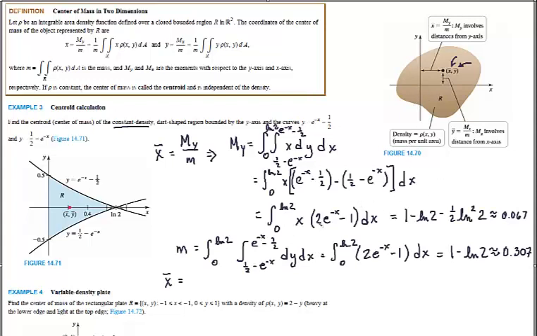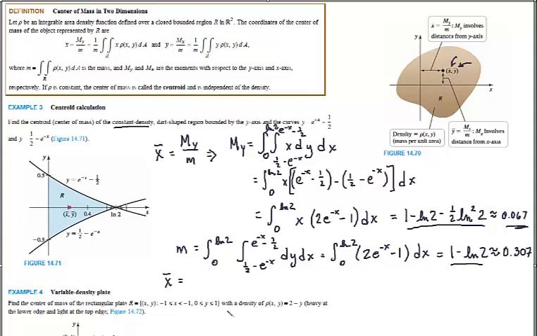After using integration by parts here, you will get this as your exact value for the moment, and this being your approximate. Then you would perform the same sort of integration for mass, and I get 1 minus natural log of 2 as my exact.